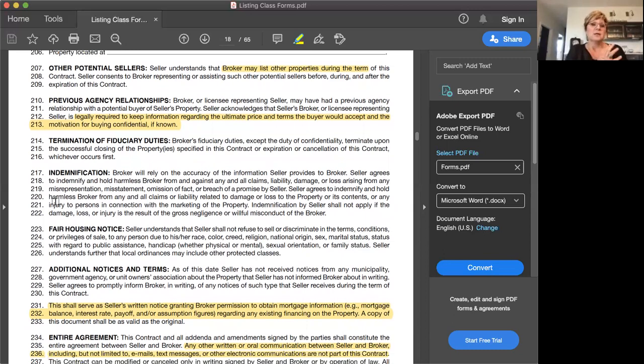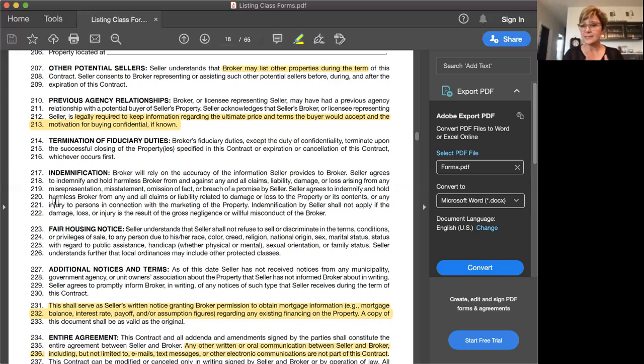Okay. Line 207 is just saying, hey, Mr. Seller, there are other sellers that might list their property and choose our brokerage to do so while you also have your property on the market for sale. Okay. Line 210, we're going to list your house, and I might be doing an open house, and in walks a buyer that at one point in time I had under contract.